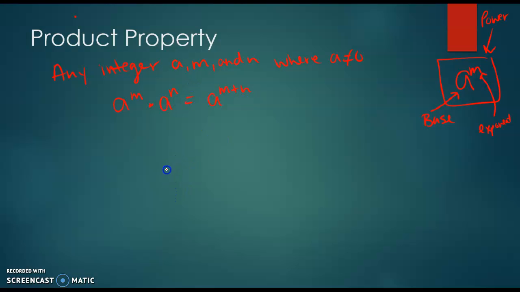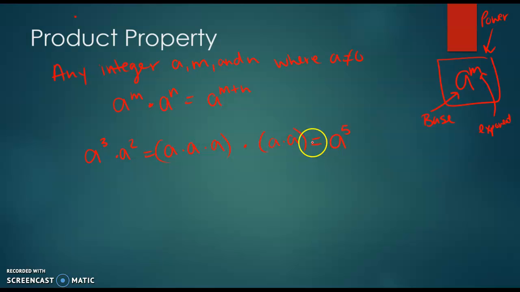Well, Ms. Carrett, I'm not sure that I understand why. So let's do this, for example. If I have a cubed times a squared, that would be the same as a times a times a, that's a cubed, times a times a. So in all actuality, we're multiplying all these together, and so now I have a total of 1, 2, 3, 4, 5 a's.